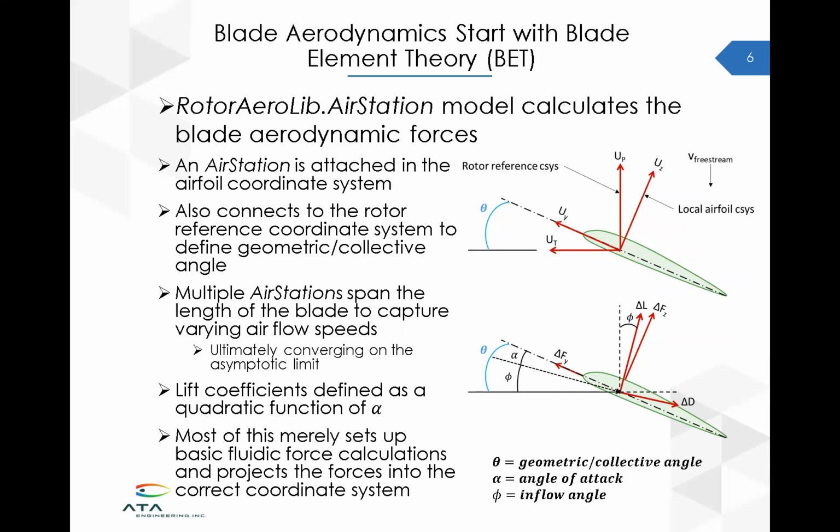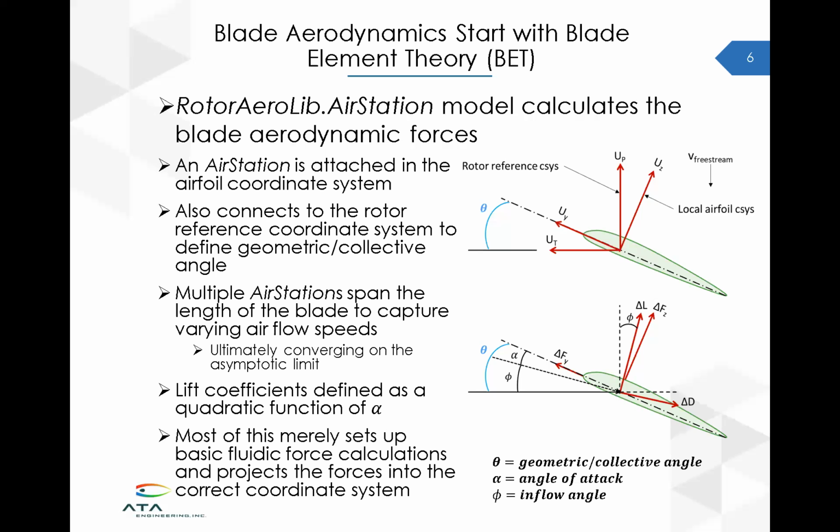The air station is attached to the blade in the airfoil coordinate system, and it also references the rotor reference coordinate system, and it does this between these two coordinate systems as the blade moves around, as it rotates and flaps and feathers. Between all these movements, you can calculate the collective, the angle of attack, and all the various geometries that are relevant for this problem.